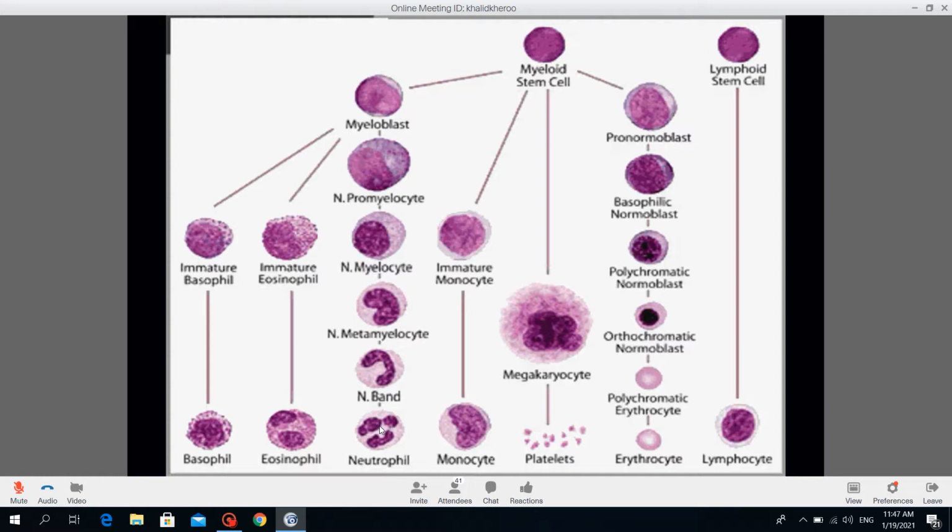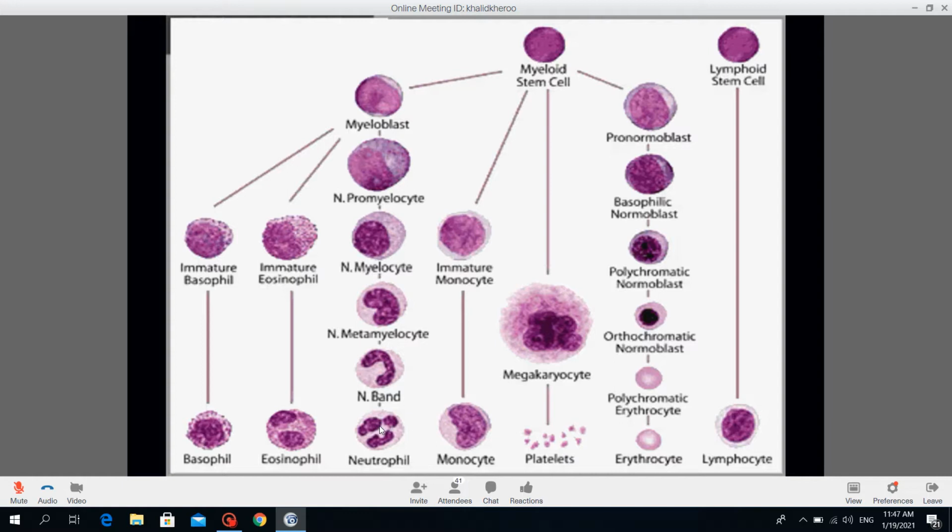When there is a defect in the production of red blood cells, the production is reduced due to deficiency of the hormone erythropoietin, which is secreted, more than 90%, from the kidneys.